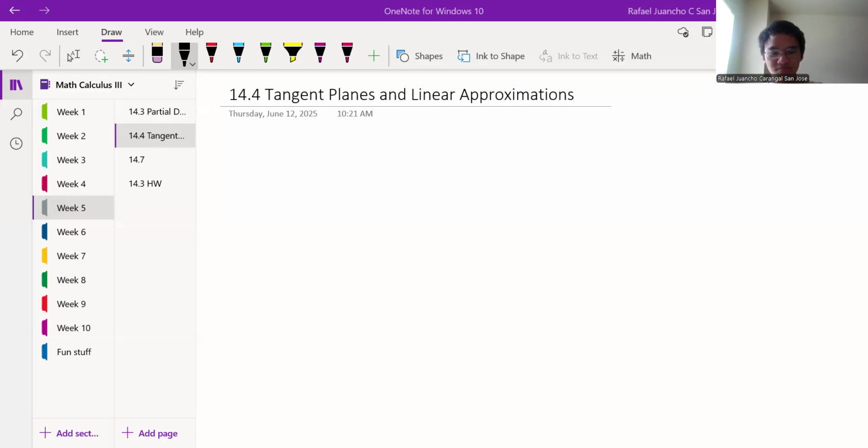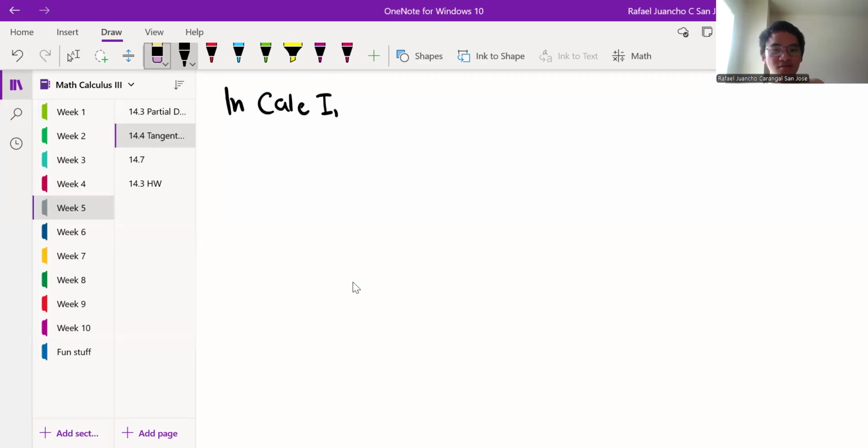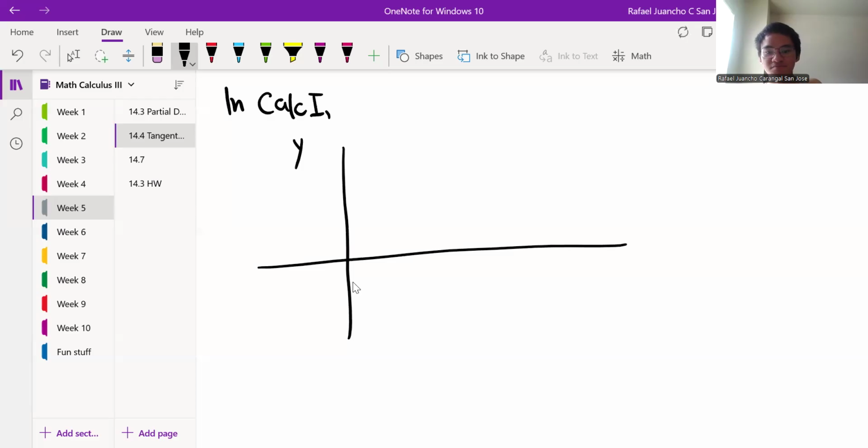In calculus one, how do we find a derivative? The way we find a derivative for 2D functions, say we're given an xy plane, and let's say we have a graph or a curve.